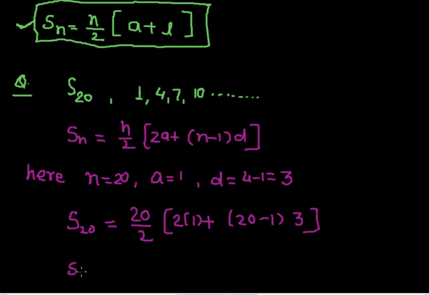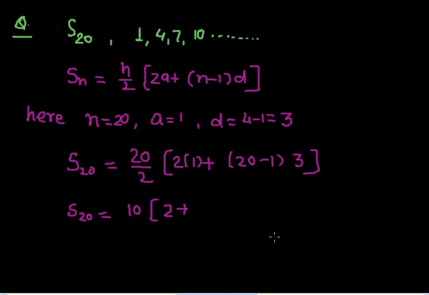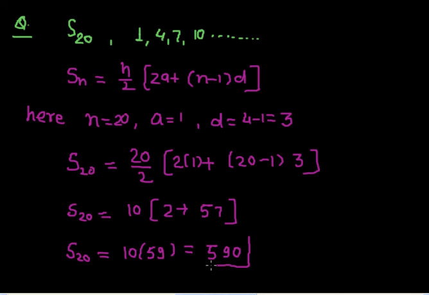So S20 becomes 20 by 2 is 10, 2 into 1 is 2, 20 minus 1 is 19, 19 into 3 is 57. So S20 is equal to 10 multiplied by 59, which is equal to 590. So in the above question, the sum of the first 20 terms would be 590.